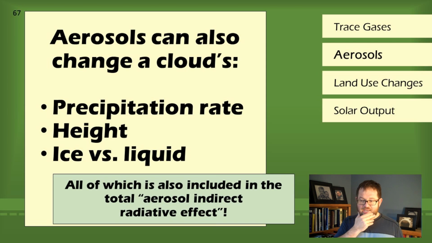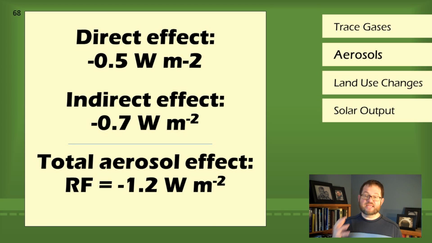Now, that aerosol indirect effect has a net effect of cooling the planet. It is a negative radiative forcing. Overall, the main thing that those aerosols are doing in an indirect sort of way is making clouds more reflective, which sends more shortwave radiation back into space before it even has a chance to warm the planet. So the direct effect of aerosols was to cool the planet because mostly those aerosols were reflecting shortwave radiation.